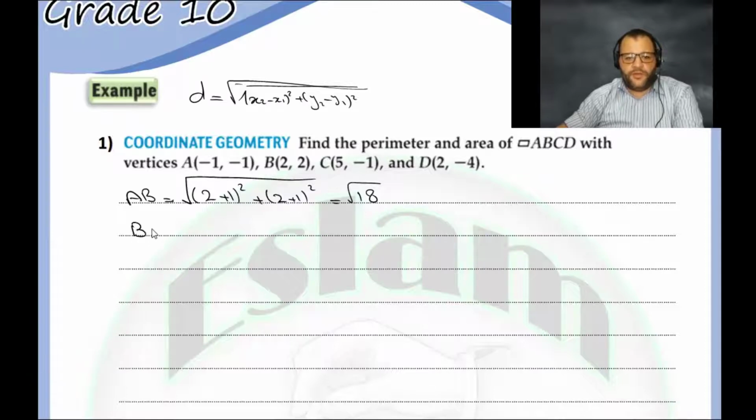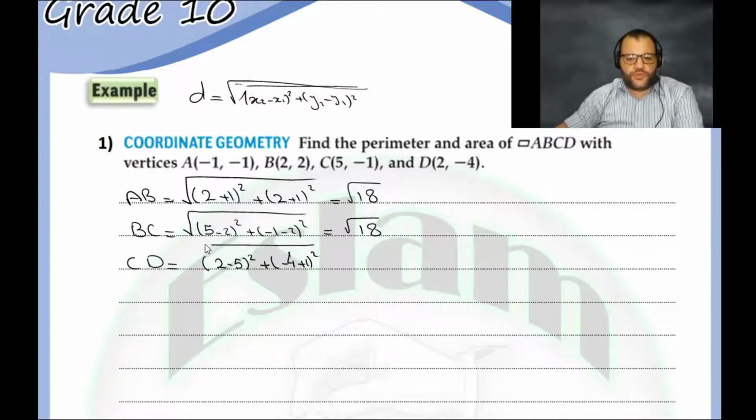Okay, BC: 5 minus 2 to the power 2 plus -1 minus 2 to the power 2, so it will be the square root of 18. Again, CD equals 2 minus 5 plus -4 minus -1, which is 3, so it will be root 18.